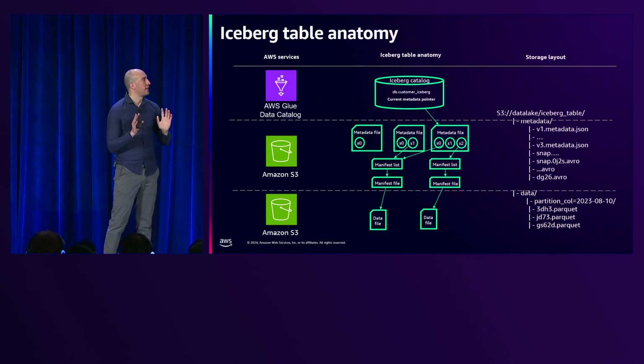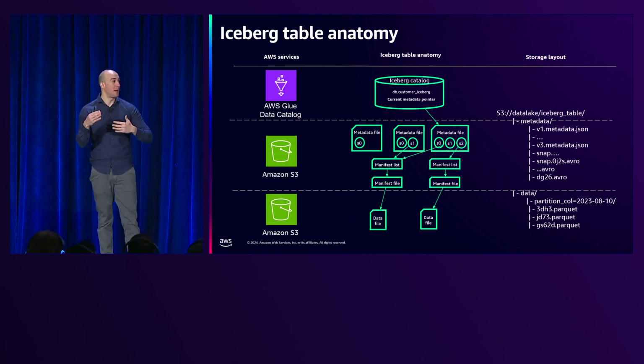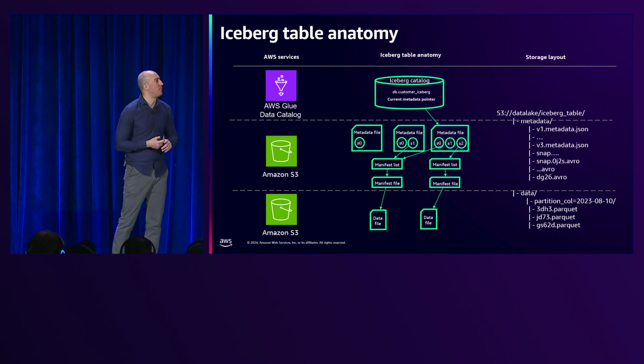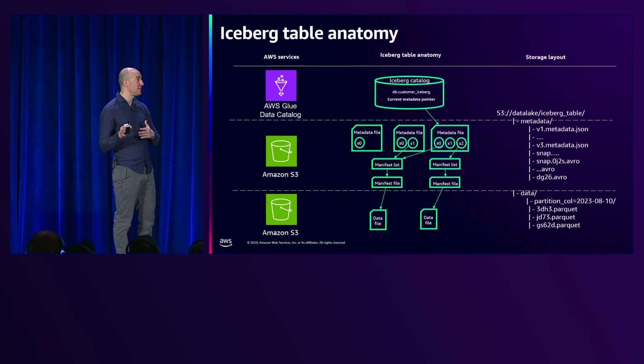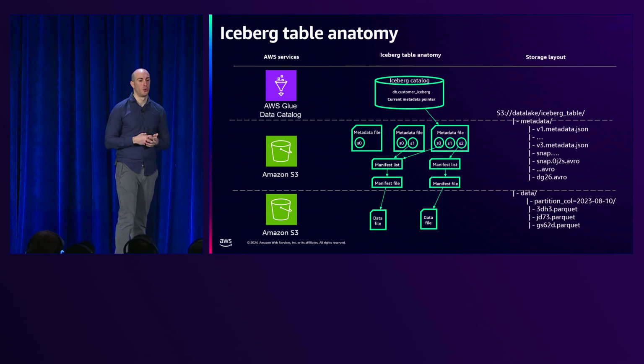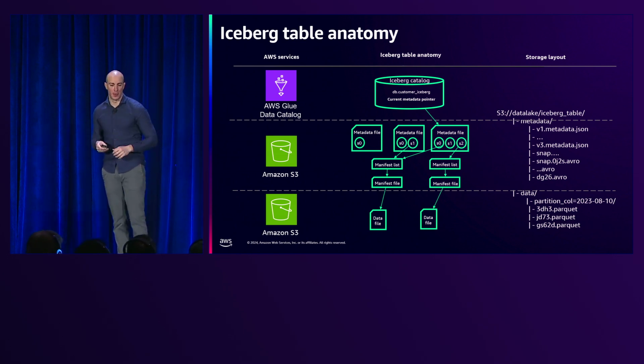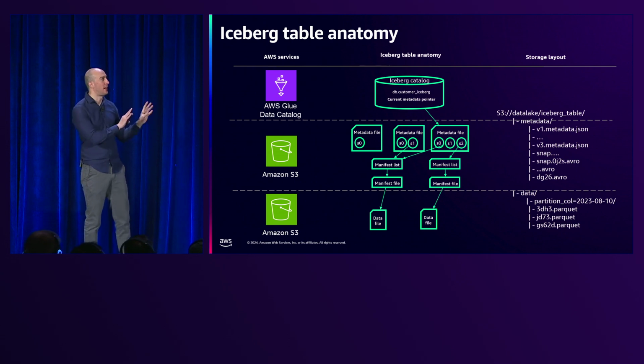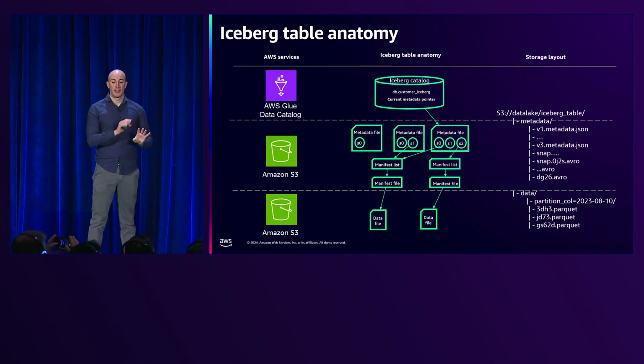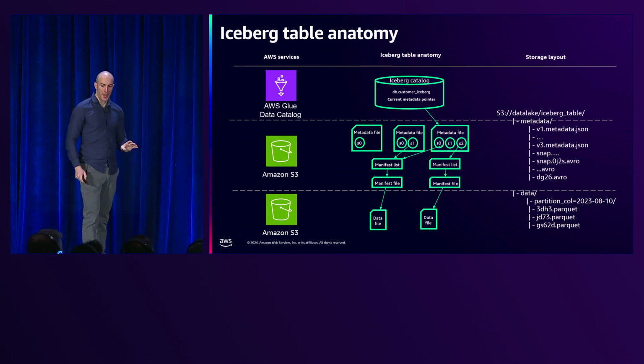The first part is a metadata file where we store the snapshots that point to a state of the table over time. Each snapshot has a manifest list, which contains a list of manifests, and each manifest points to a file or to a list of files that got added at that moment. We will see in a moment how these manifests get tracked within Iceberg.